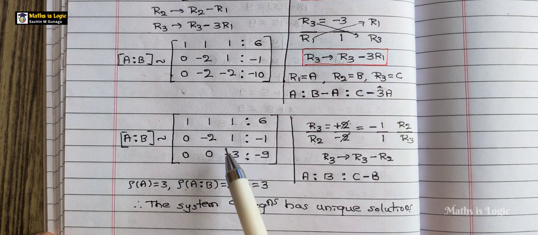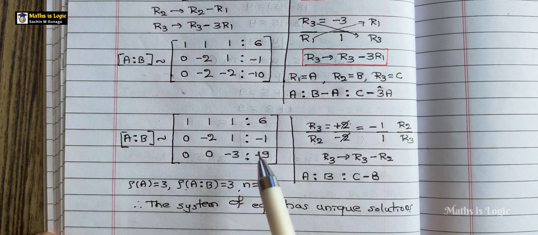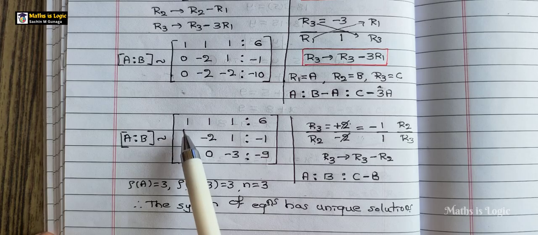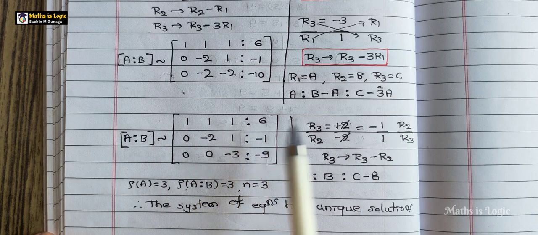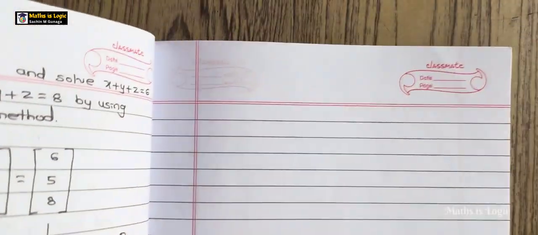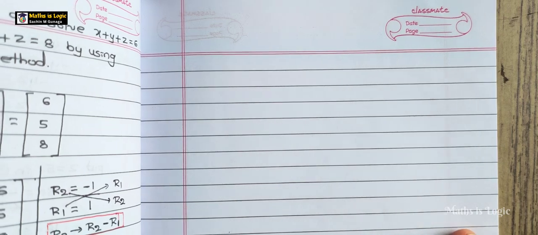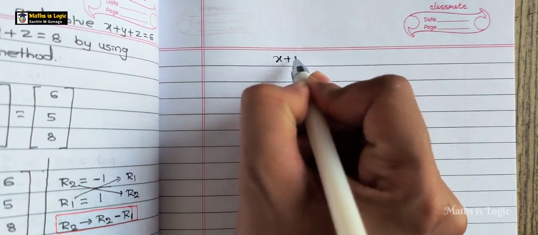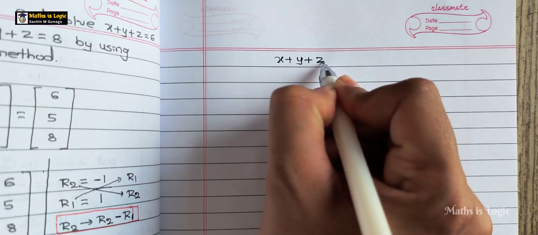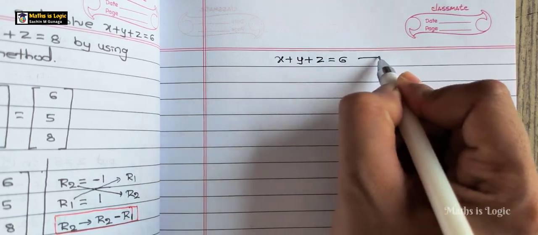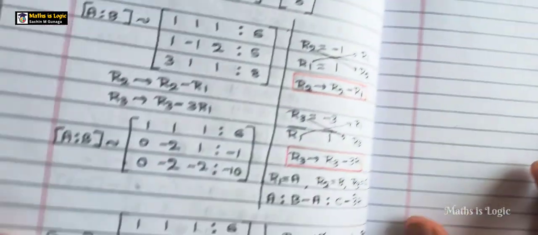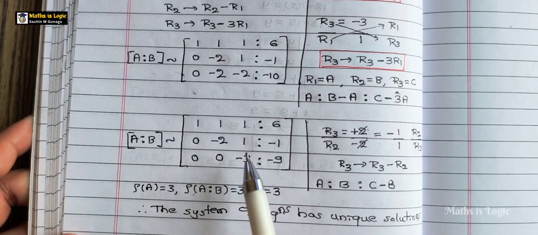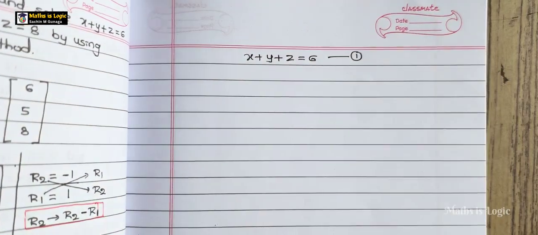So next, now write this augmented matrix in equation form. So how to write in equation form? 1 1 6 can be written as what? x plus y plus z is equals to 6. Call this as 1. Second one, minus 2, 1, minus 1 can be written as what?